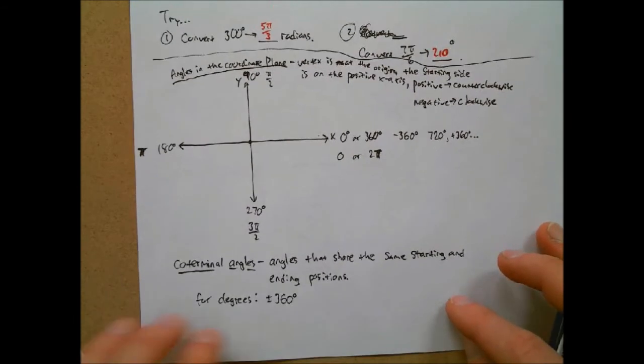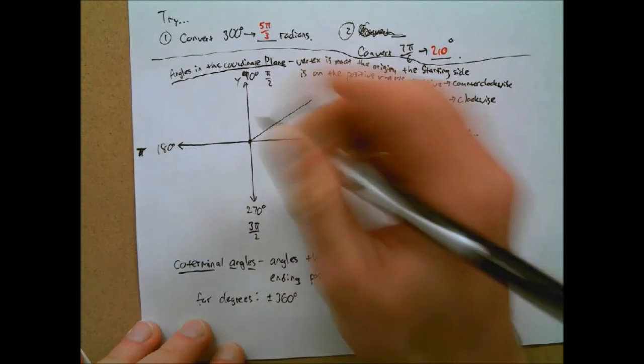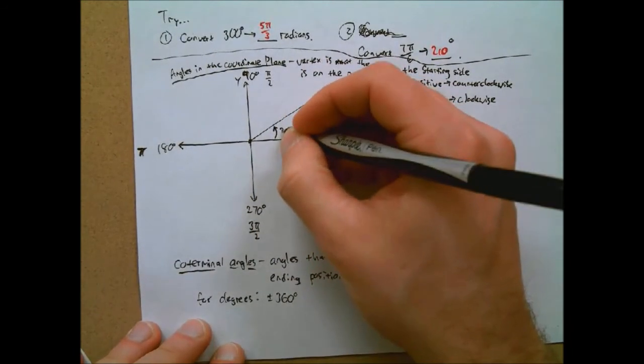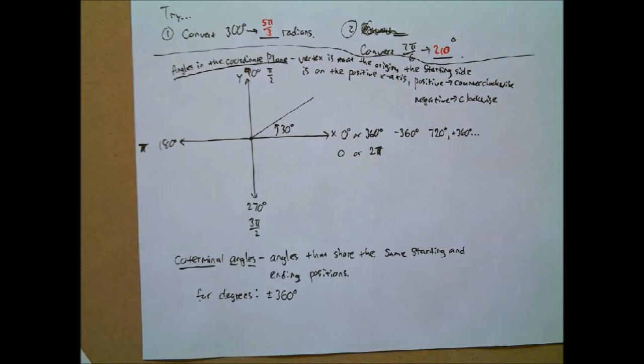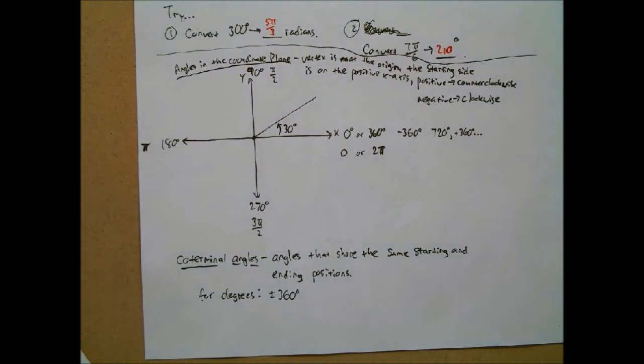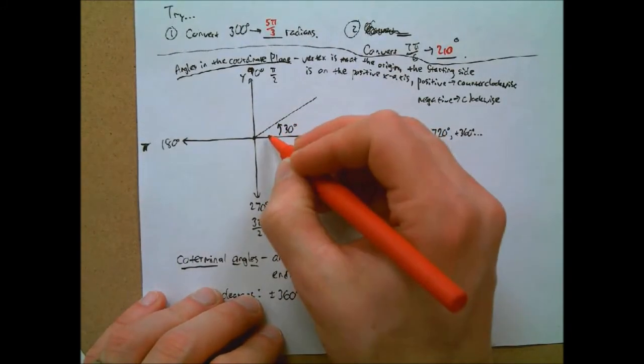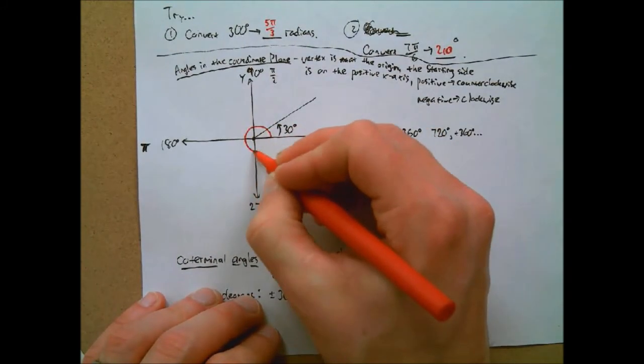Let's say I put in, for example, this angle right here on my coordinate plane, 30 degrees. It's between 0 degrees and 90 degrees, so I know it's going to be in that first quadrant. Another way I could get to this same position, instead of just going the short distance of 30 degrees, I could go 360 degrees around.